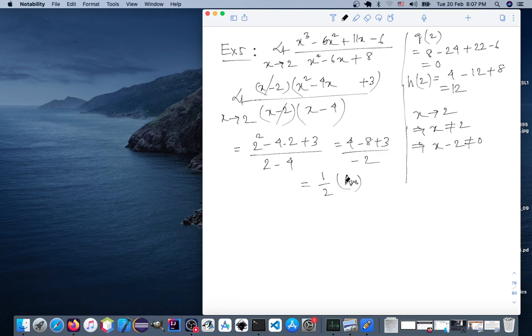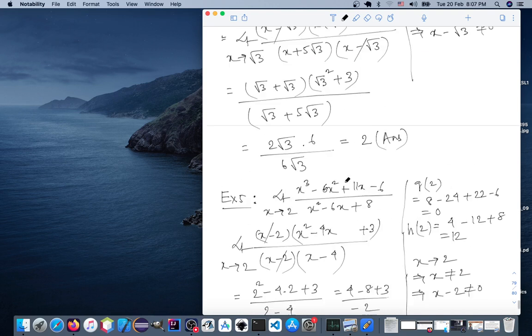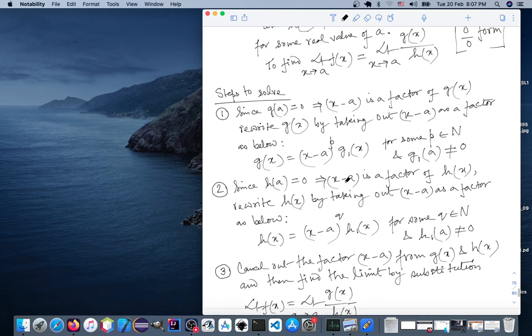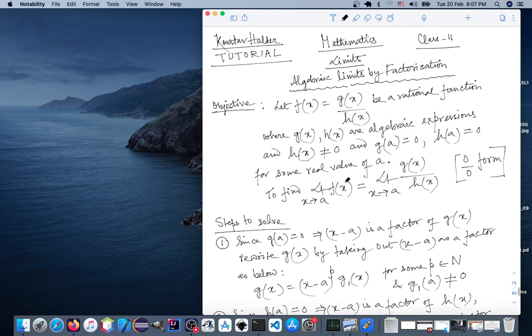So that was all for the illustrative examples. I hope it gave you a little idea of how to solve limits of algebraic expressions by the method of factorization, where the limiting function f(x) is a rational function of the form g(x) by h(x), and at the limiting value both g(x) and h(x) become 0.